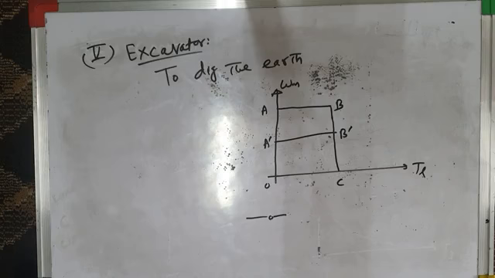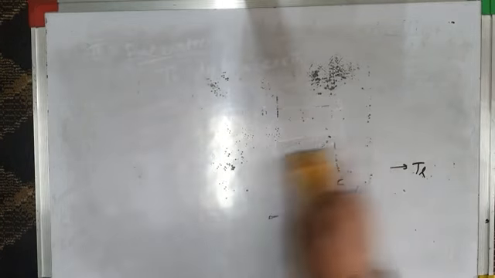We have considered crane and hoist type loads, electric traction, constant power load, and excavator type load. Once we know the torque speed characteristics and torque requirements of these types of loads, it will help us a long way in selecting a proper drive, a proper motor for running these loads.